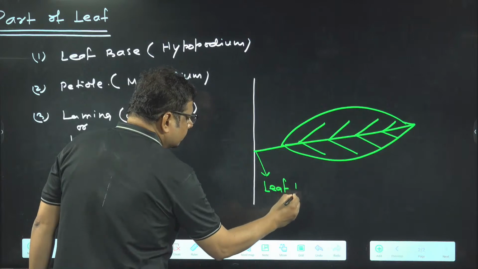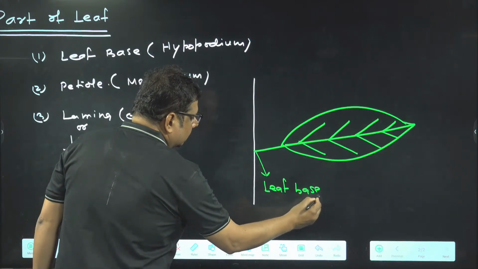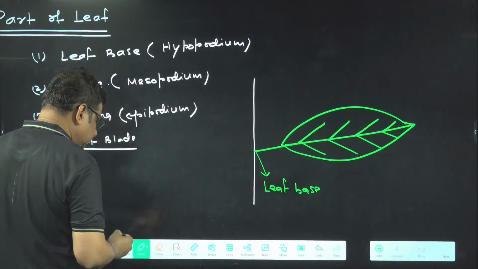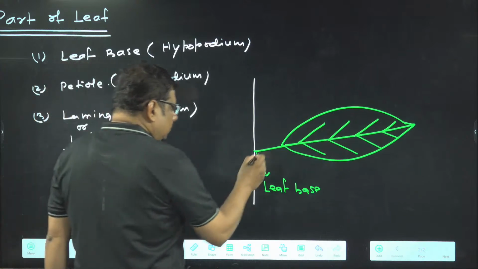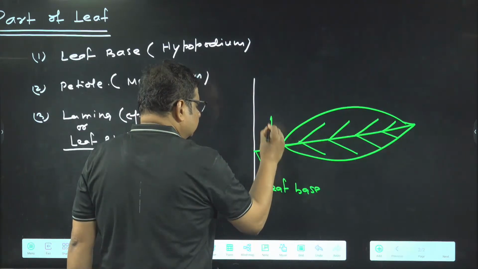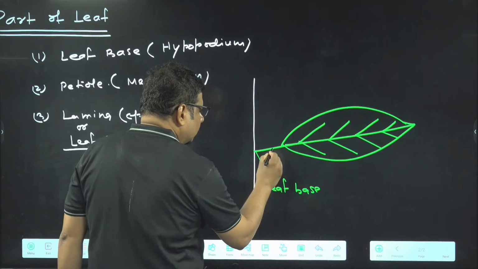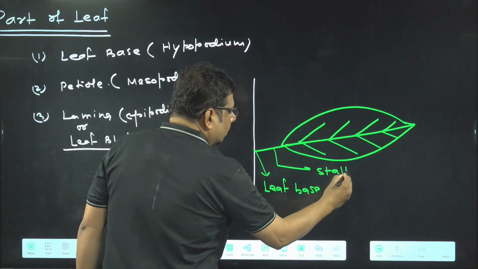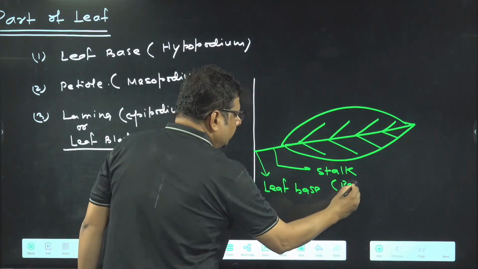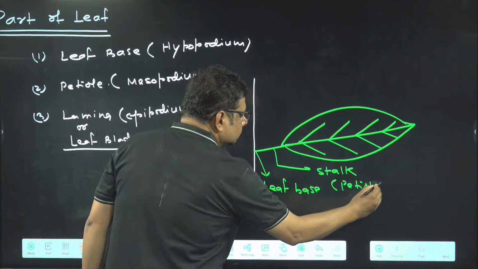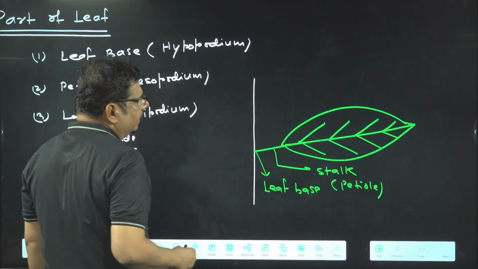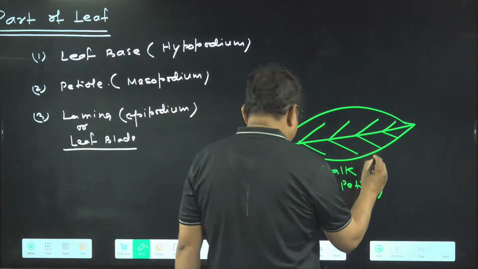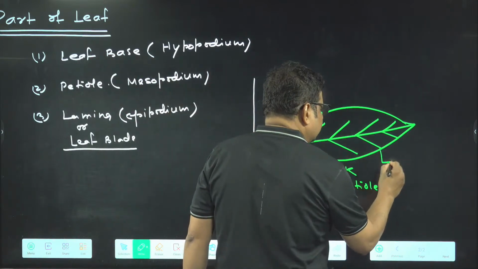Leaf base. The stalk of the leaf is called petiole. Getting the idea?